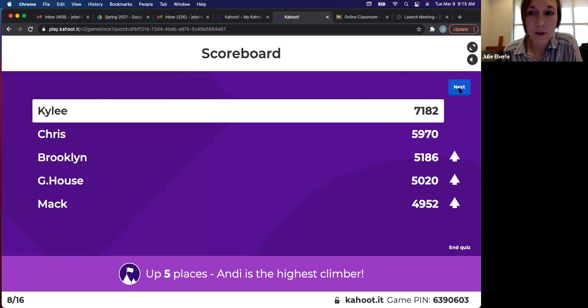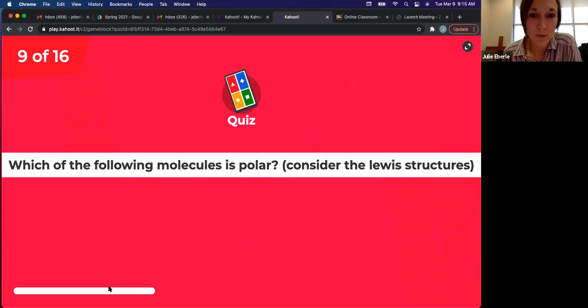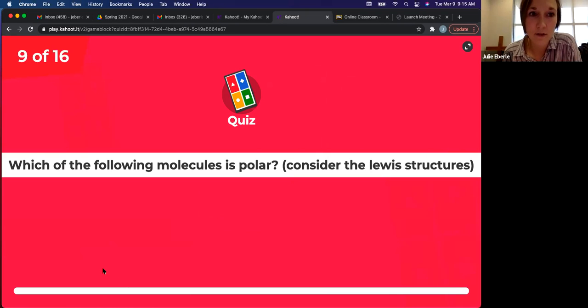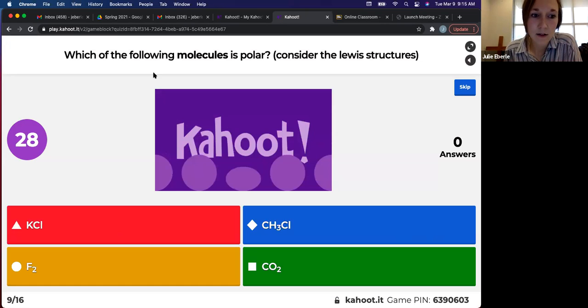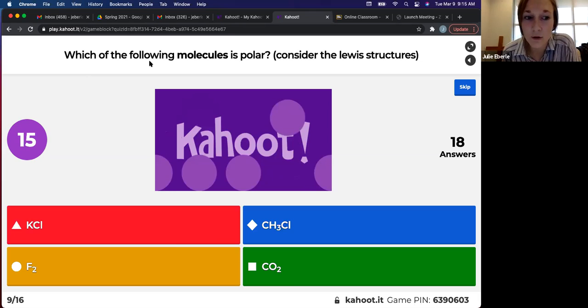All right, this is gonna be the last question we do because it's 9:15. You got time for one more? Which of the following molecules is polar? Consider the Lewis structure on this. So remember, if a molecule is 2 identical elements, is that polar or nonpolar?